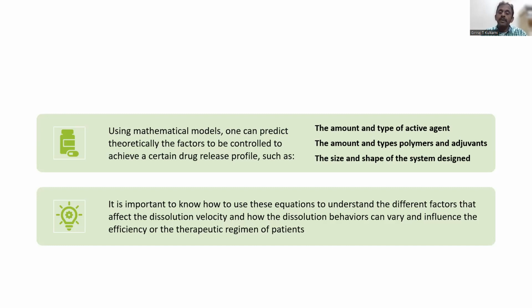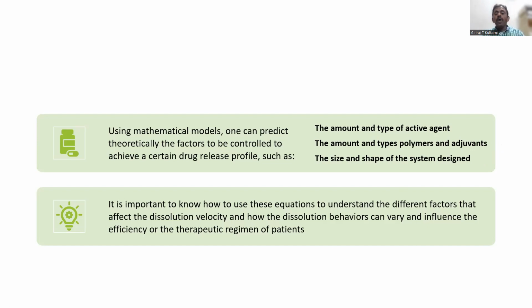For example, we can see here the amount and type of active agent, API, the amount and type of polymers and other adjuvants which are used in the formulation, which have effect on the dissolution, and size and shape of the system. The physical parameters of the formulation are also important in dissolution.